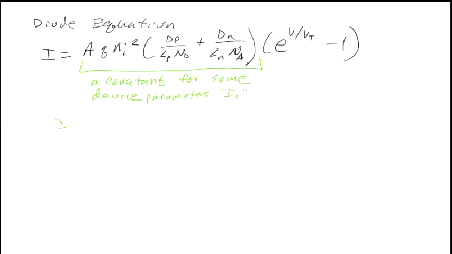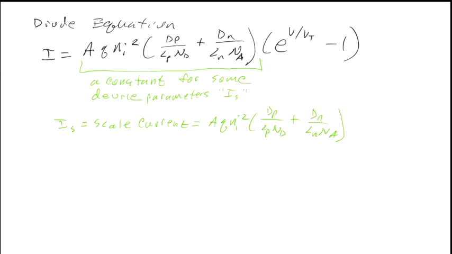So IS is the scale current, and it equals A times q times Ni squared times Dp over Lp ND plus Dn over Ln NA. That's a constant. It actually varies with temperature. There's a problem because it does vary with temperature, but we can deal with that. Ordinarily, the factory gives that to you.